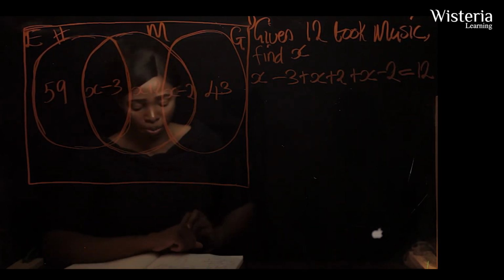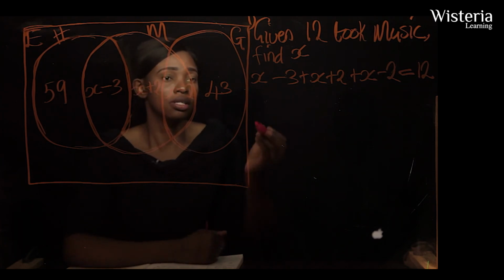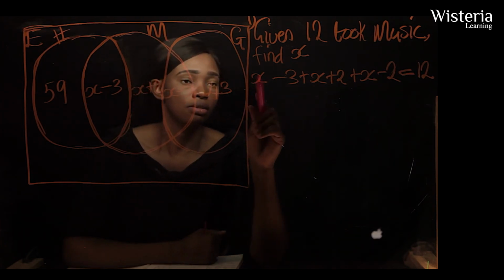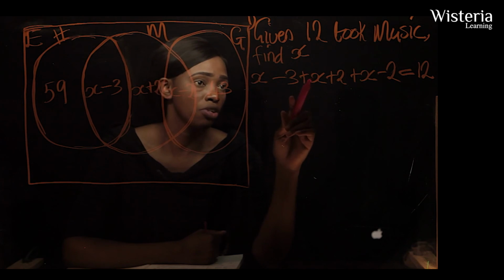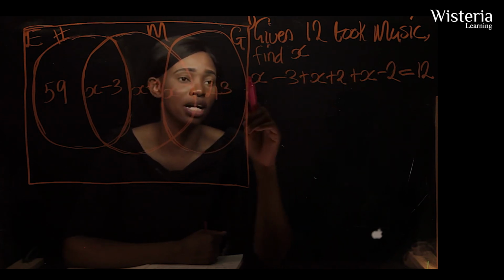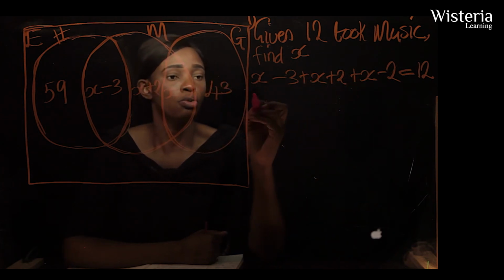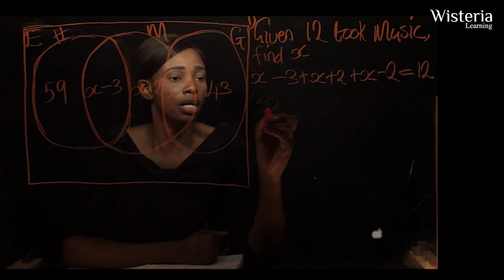Then we group the like terms. The coefficient is 1, the coefficient is 1, the coefficient is 1. So when we add X plus X plus X, we're going to get 3X.